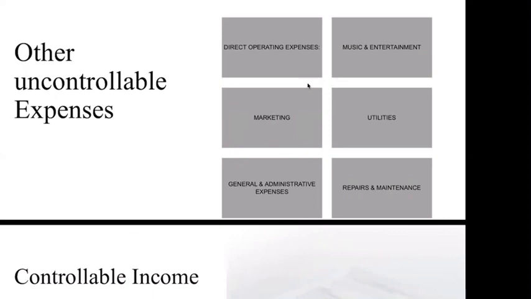And next one is utilities, like utility service like gas, heat, trash, water, and so on. Okay, and next one is general and administrative expenses, but this one is not directly associated with the guests. Okay, so it's like claims and damages paid, insurance, personnel expenses.